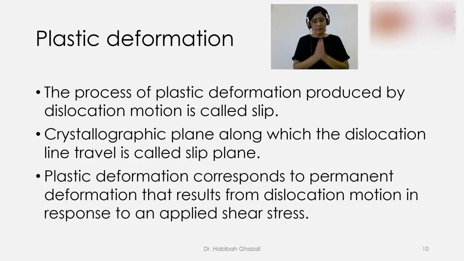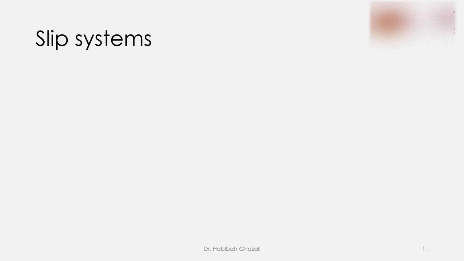Plastic deformation corresponds to the permanent deformation that results from dislocation motion in response to an applied shear stress. Since dislocation motion prefers certain planes and directions to travel, I will begin this topic by talking about the slip system.